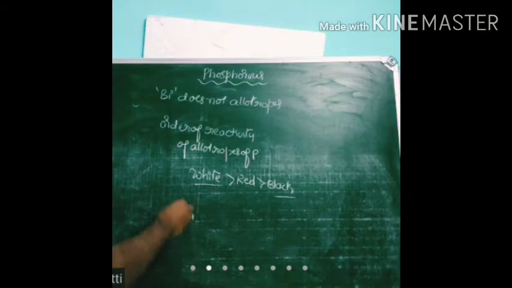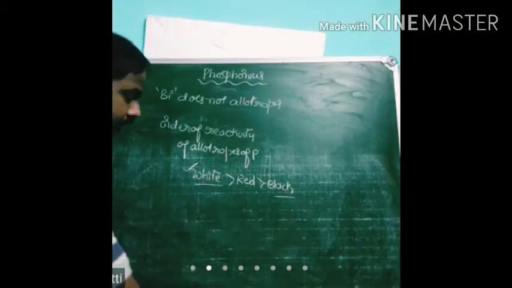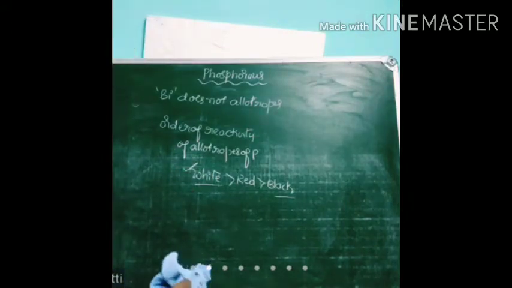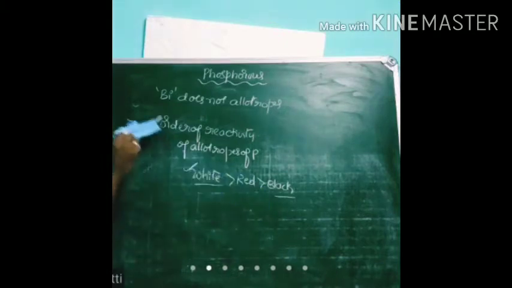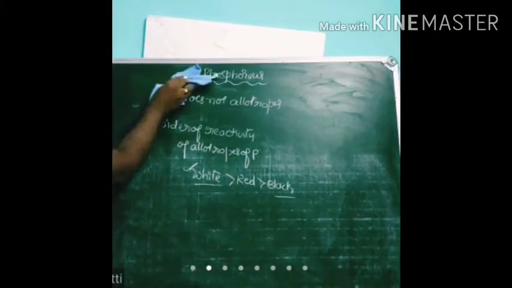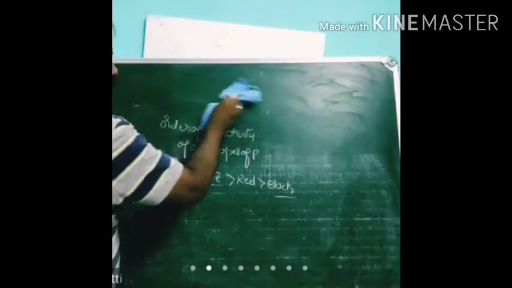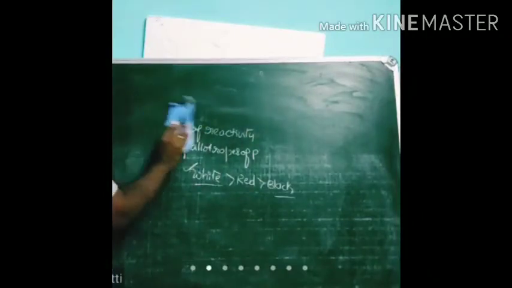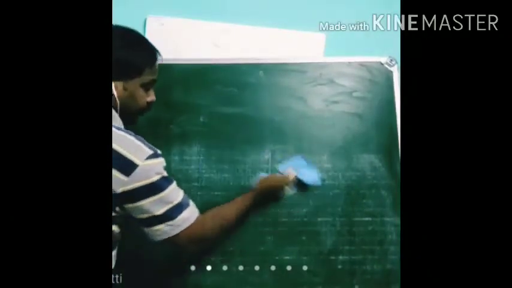Now white phosphorus is more reactive. We are going to study one by one: white, red, black. First, white phosphorus. One by one we will see the points.